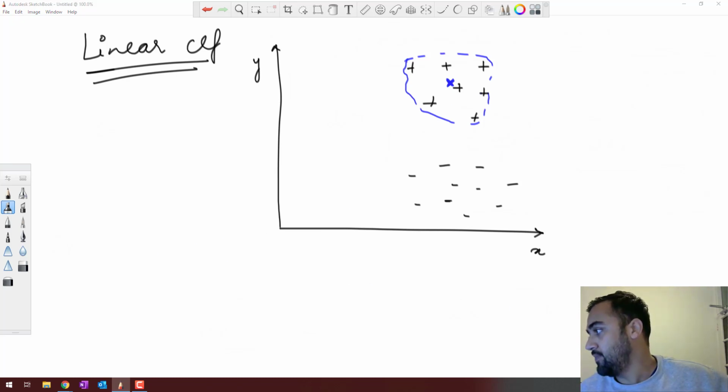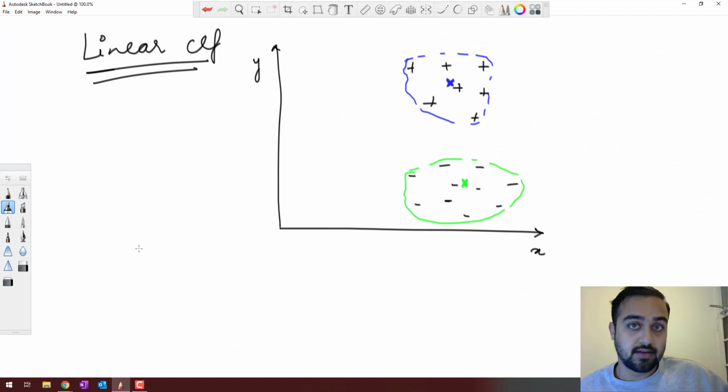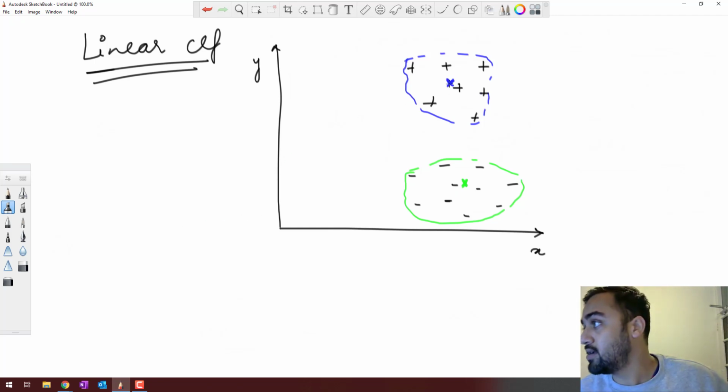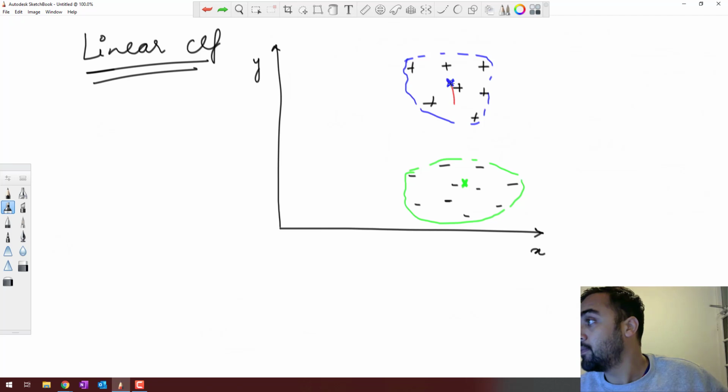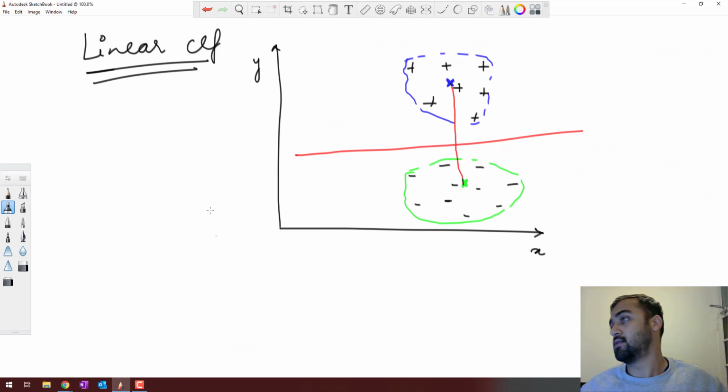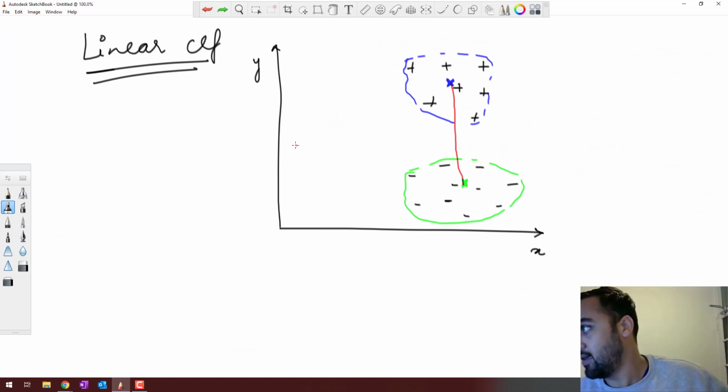And similarly, for the other class, for the negative class, we find the center of mass and we mark it, right? So the basic linear classifier will construct a decision boundary by halfway intersecting the line connecting the center of masses, right? This is not exactly halfway.